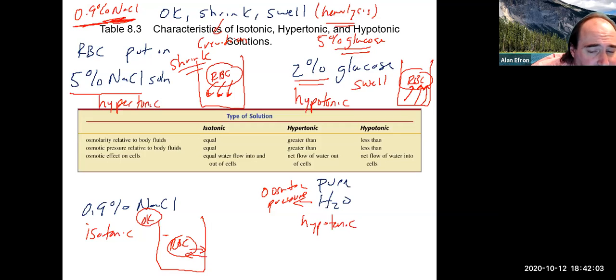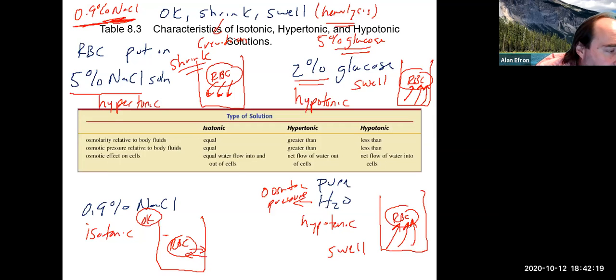It has nothing dissolved in it, so if you put that red blood cell into the water, the water will rush into the cell, causing it to start to swell again and burst. Any questions on that there?